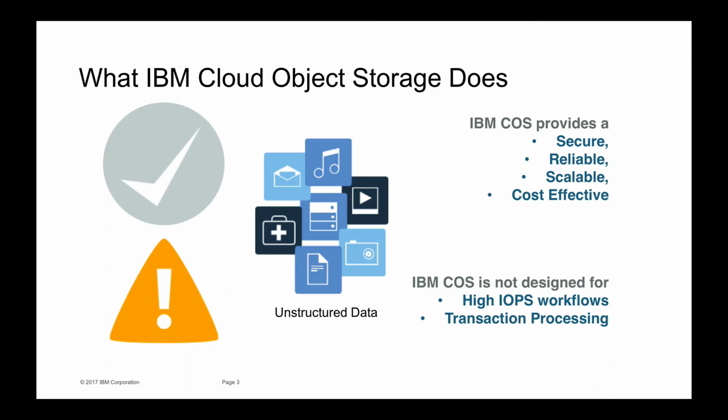It's not designed to store high IOPS workflows or transactional processing, so you can't run your Oracle or SAP workload, you can't run VMs on it. It's not that sort of storage. But if you're churning out log files, IoT content, backup data, then absolutely this is the place to store your data.